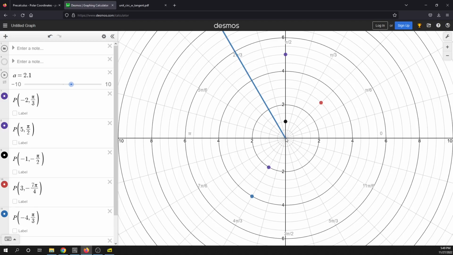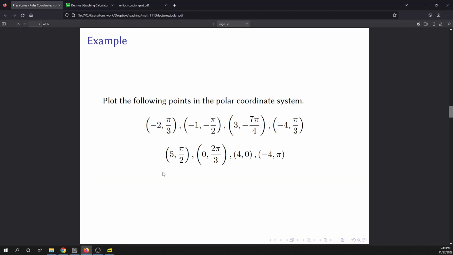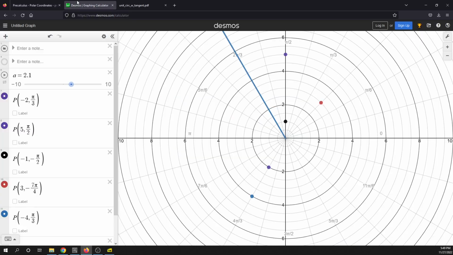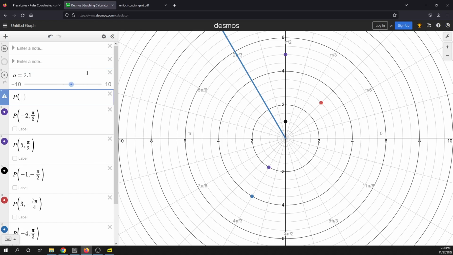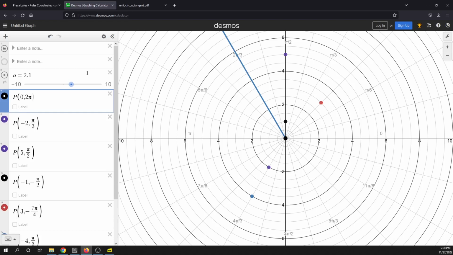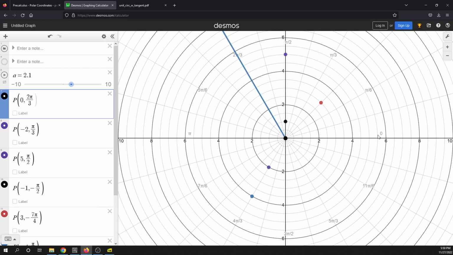Well, if I'm standing at the pole and I walk 0 units from the pole, right, then I'm going to be directly at the pole, right? So here, because the r is 0, it's going to be directly at the pole. So 0 comma 2 pi over 3, and that's where that point is located right there.